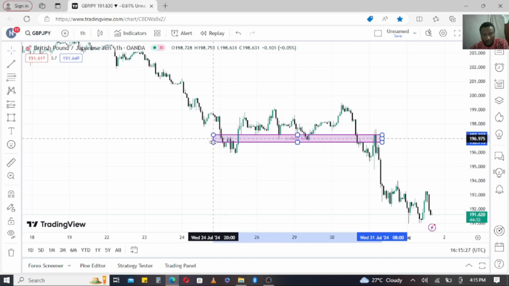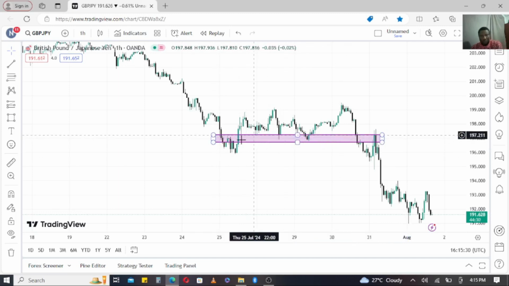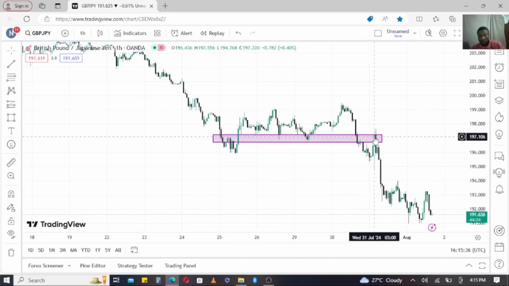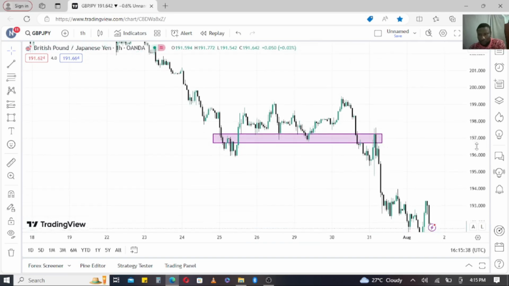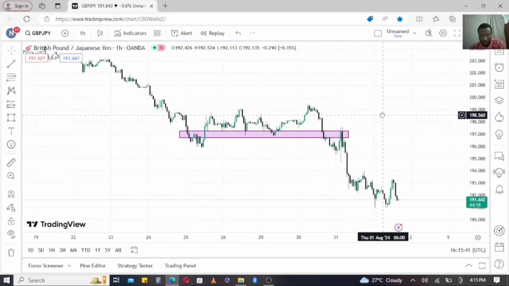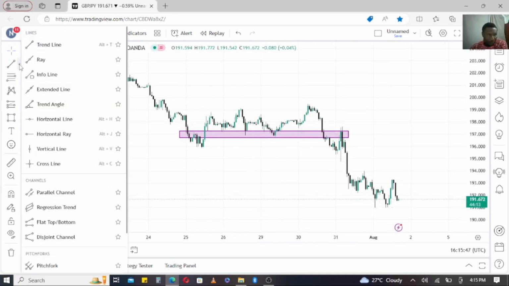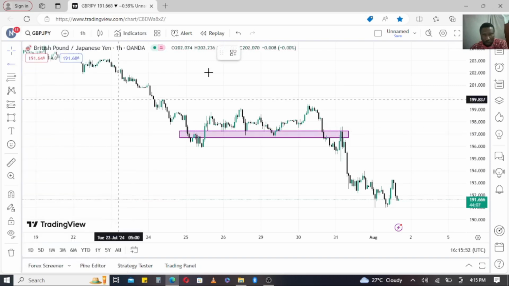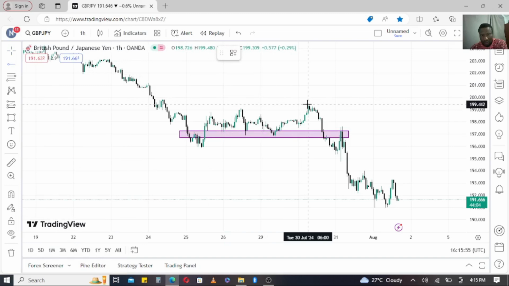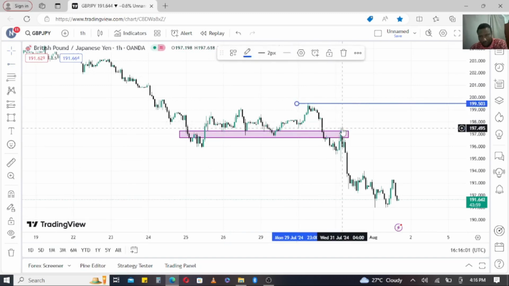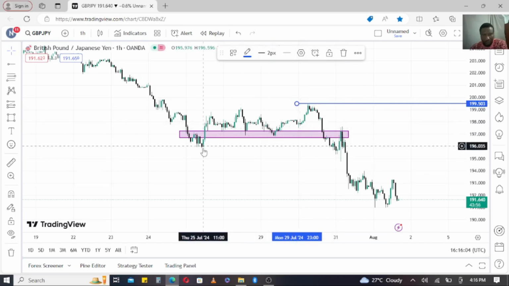This zone has been tested 1, 2, 3, 4 times. This zone has been tested 4 times, and so we can take note of the zone. This is the immediate previous high of the market. So we can mark out that zone.